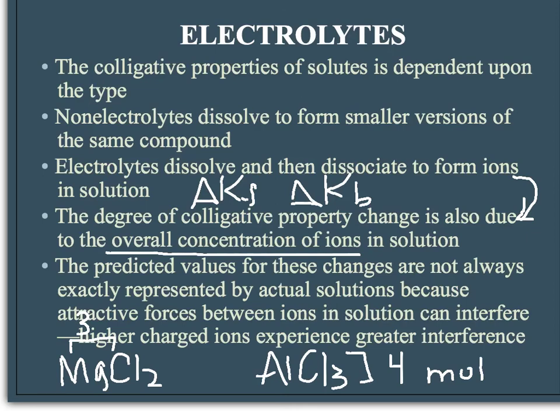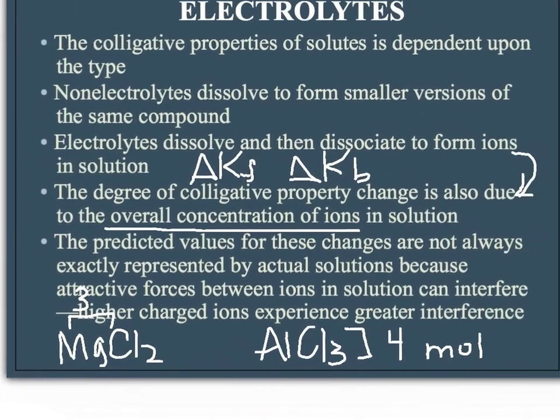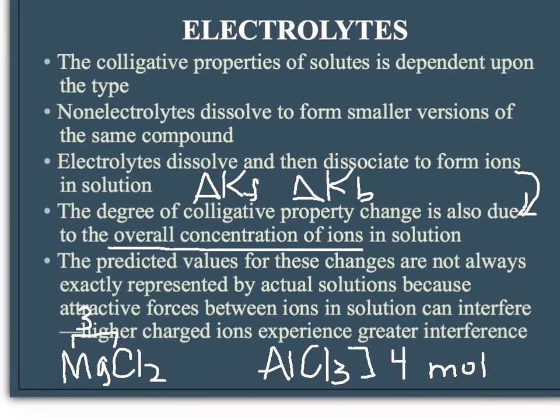The greater the concentration of ions, the larger the change in colligative properties. There are fixed values. Certain ions will, in fact, have certain degrees of change in each colligative property, and we can predict those values. We have tables that show predicted values.